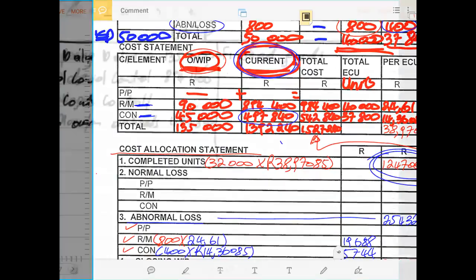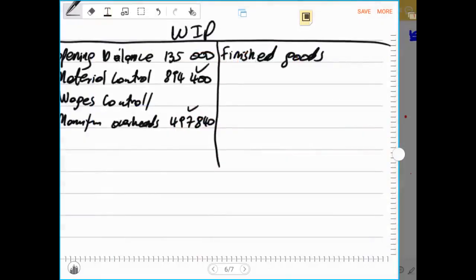And finished goods are recorded on the credit side of the work in process. So now that will be a total of 1,247,067, the total of the finished goods.